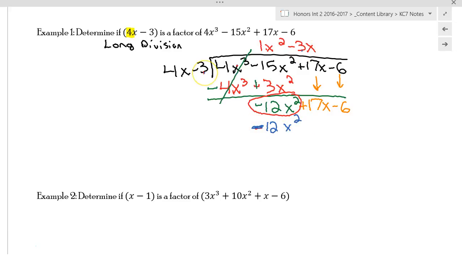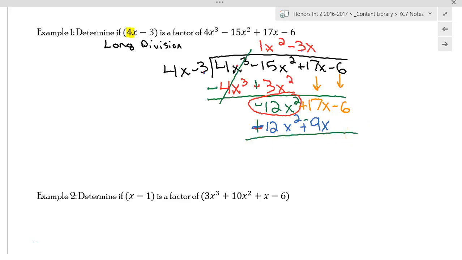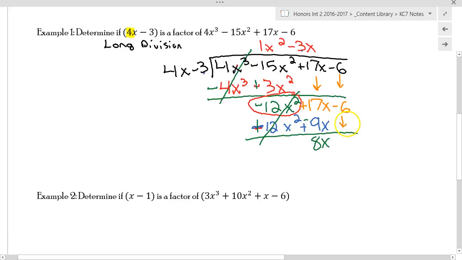Negative 3x times negative 3 is plus 9x. Now, with my subtraction step, I have to change my sign. So positive 12x squared and negative 9x. Negative 12x squared plus 12x squared is 0. 17 plus negative 9, you get 8x. And then my step where I bring down.